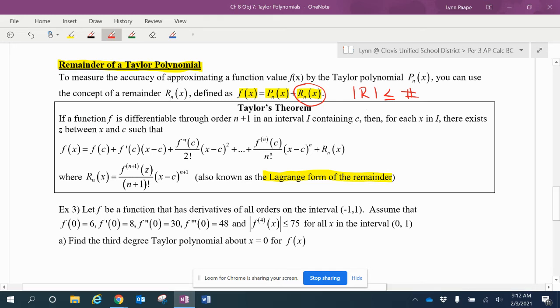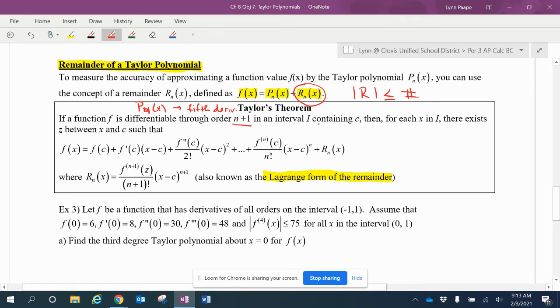Okay. So if our function is differentiable through the order of n plus 1, right? So if we did a Taylor polynomial, like on the last one we did P4, right? P4, we have to be able to get to that fifth derivative because we will be looking at the first neglected term, okay? So we would be having to go out to the fifth derivative for that. That's what that's saying there.